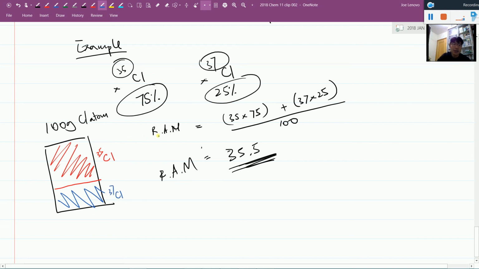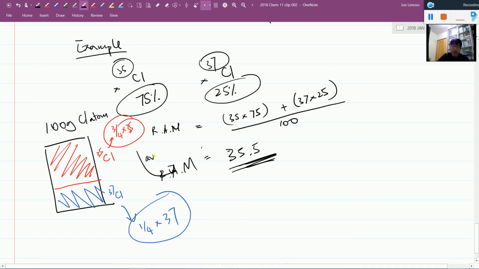What you do for the relative atomic mass is take 1/4 times 37 plus 3/4 times 35, and add them together to reach the average. And the average would be 35.5. And 35.5 means it's the average mass of each chlorine atom.